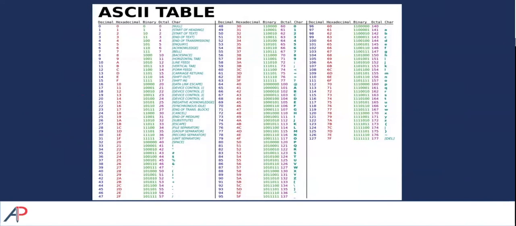And the numerical values are normally stored as binary numbers, as you can see. So for example, our letter A, before we were looking at the decimal values, but now you should be able to see what it is, whether it's octal, binary, hexadecimal, or decimal.